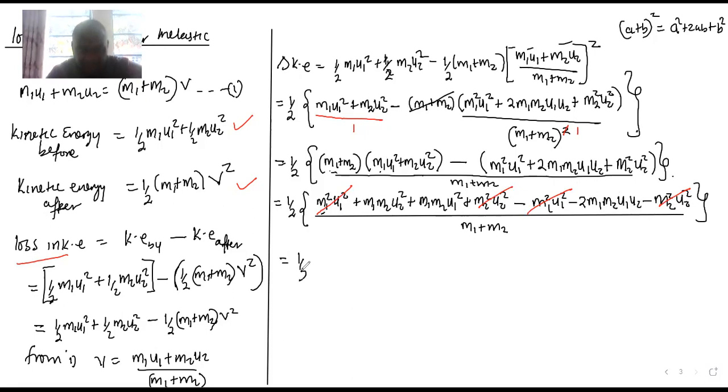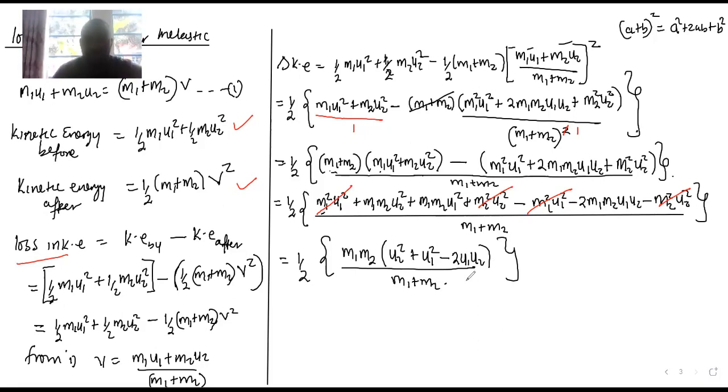I have, into the biggest bracket of M1, M2, open brackets, U2 squared plus U1 squared minus 2U1, U2, close bracket, close biggest bracket, divided by M1 plus M2.